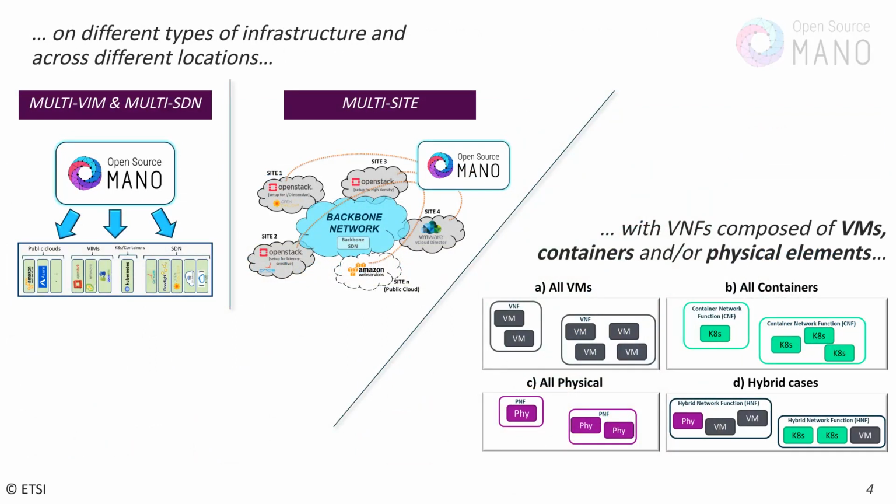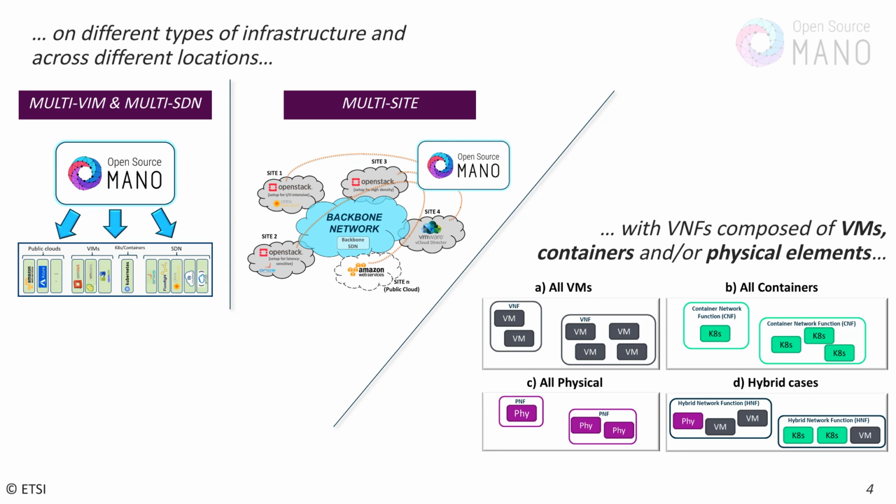The point is that what OSM provides is a genuine multi-cloud approach. This means that all that I've described before as a service can be provided regardless of what specific type of infrastructure we have underneath, what specific type of SDN, or even the distribution of Kubernetes that we are using.